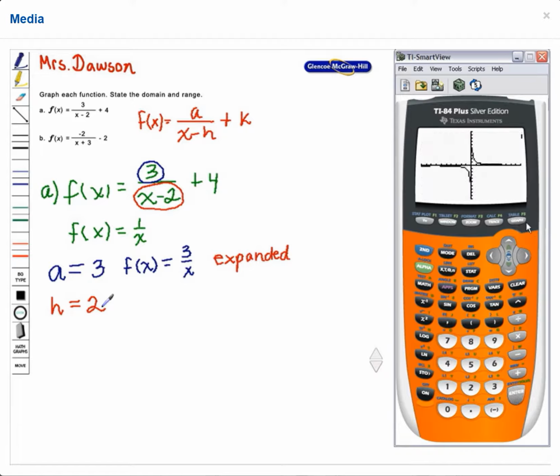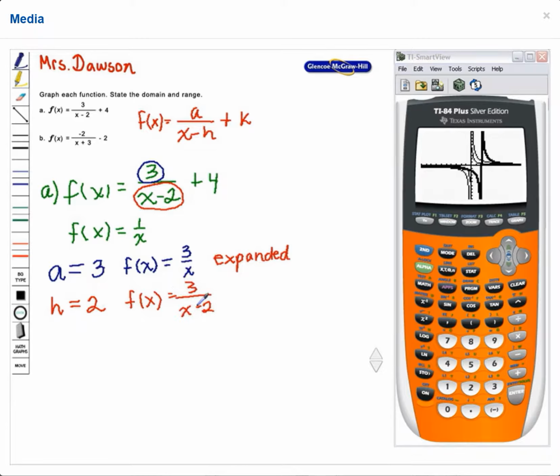So once again, you can see the original 3 over x, and now 3 over x minus 2. And you can see that asymptote which showed up. Obviously you know that that vertical line is not there. It's just a feature of the calculator. So f of x equals 3 divided by x minus 2 translated the graph 2 units to the right.